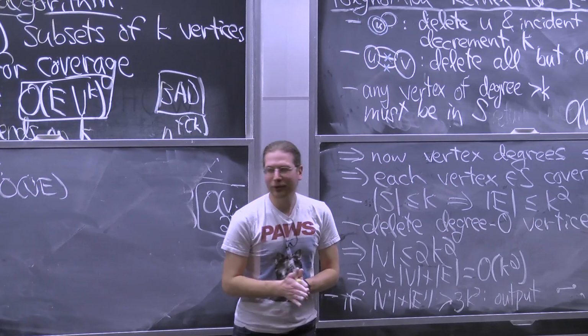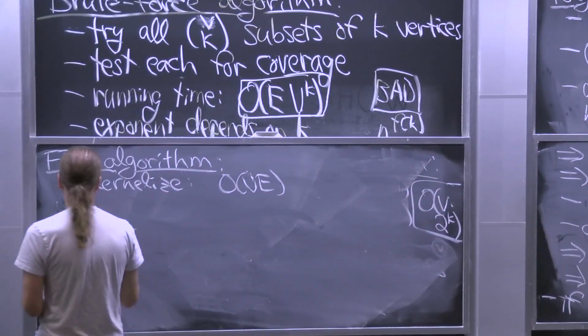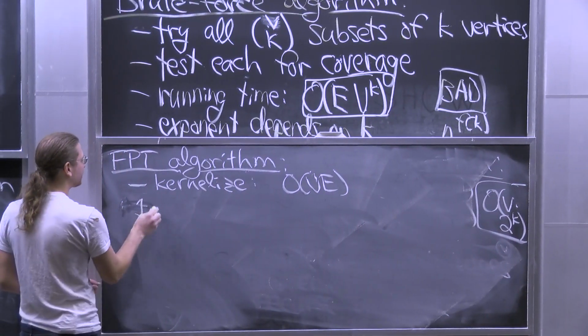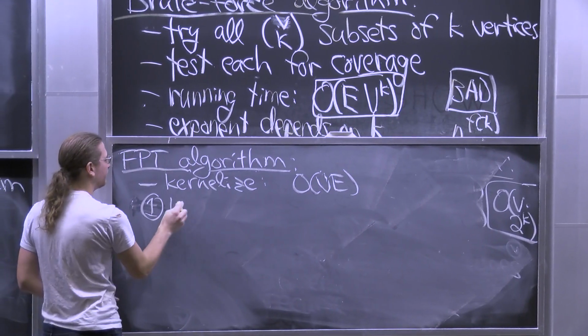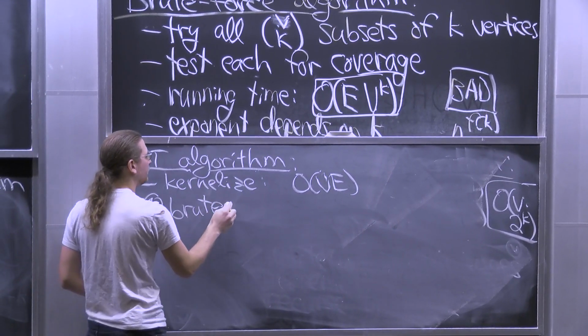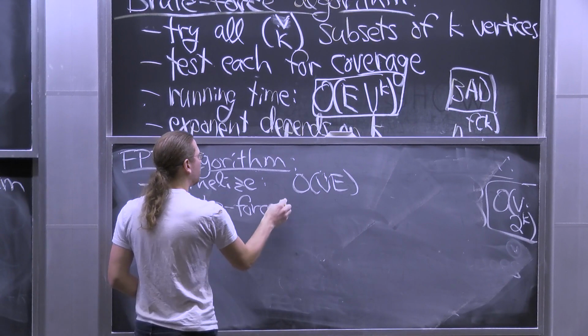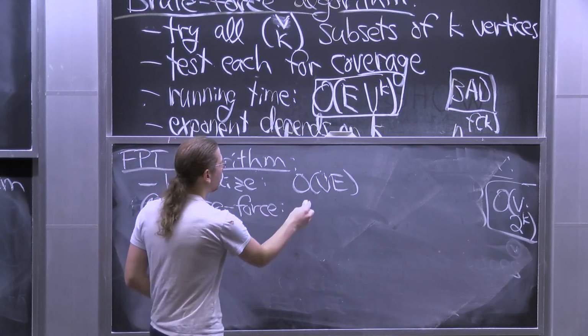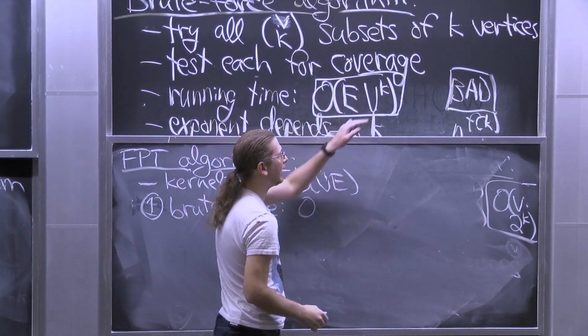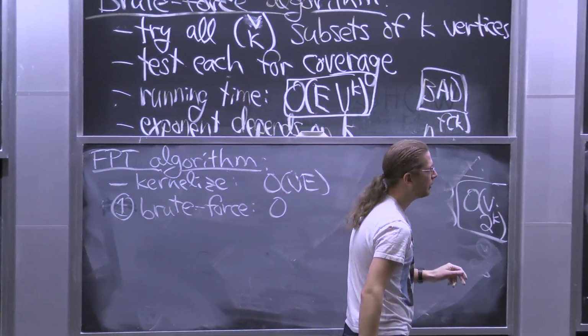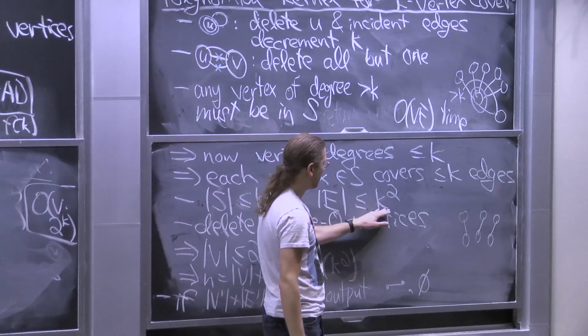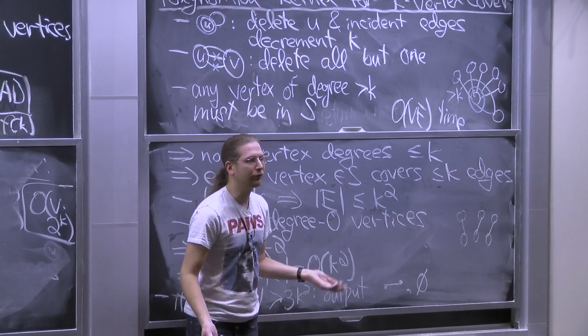All right, so now let's say option 1, let's use the brute force algorithm after that. The running time of that is E times V to the k. But now E is k squared, and V is also order k squared.